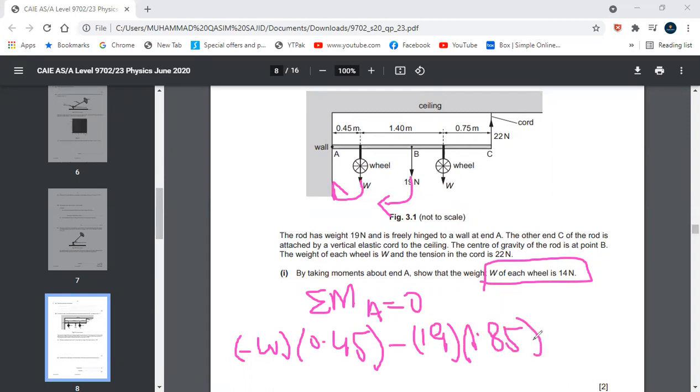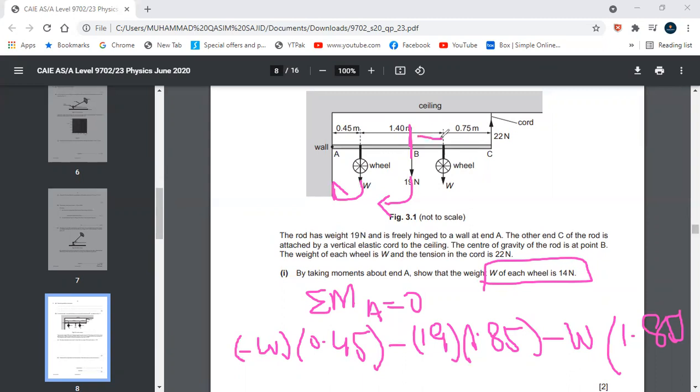Now the second wheel is also downward, that is clockwise. Now there's one correction: the distance from this point B to here is not 1.5.